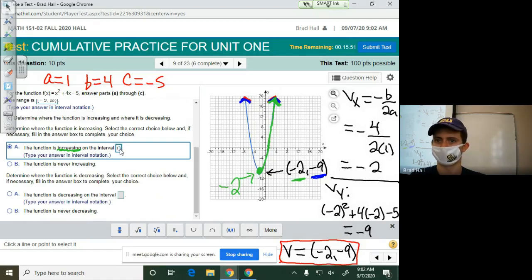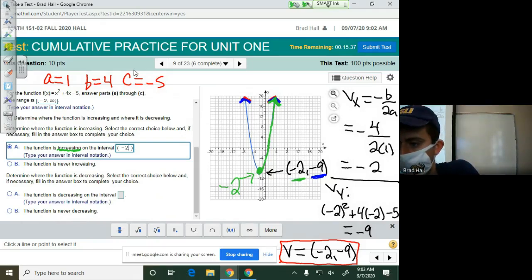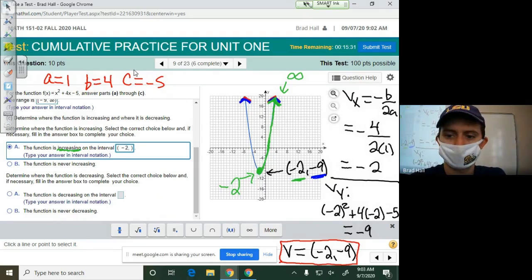For increasing and decreasing, you could just throw in parentheses at the beginning. So I said -2 for that leftmost part. And for the rightmost part, we hit an arrow. So it's positive infinity.